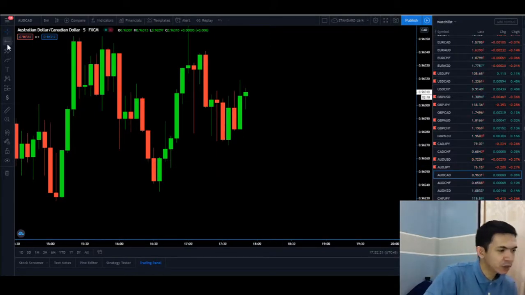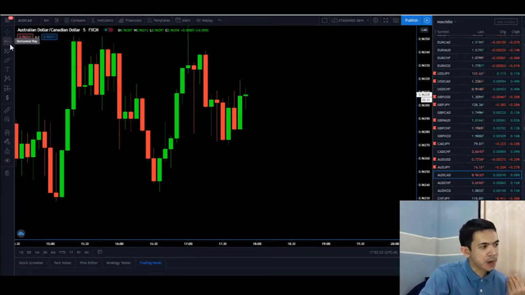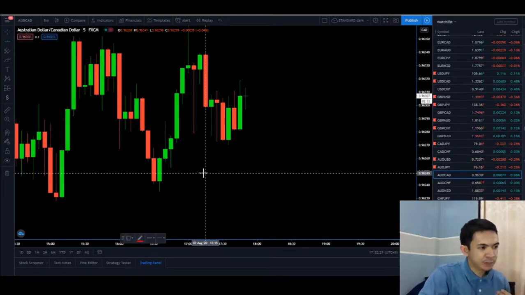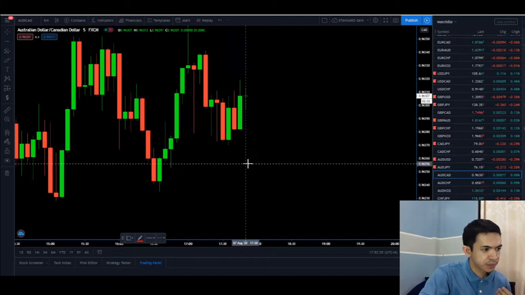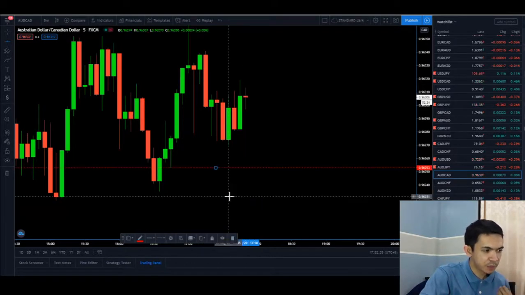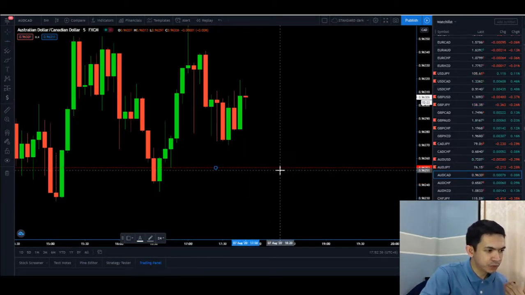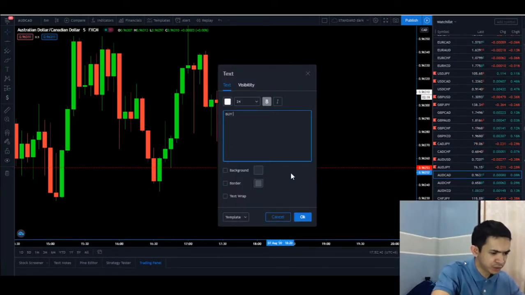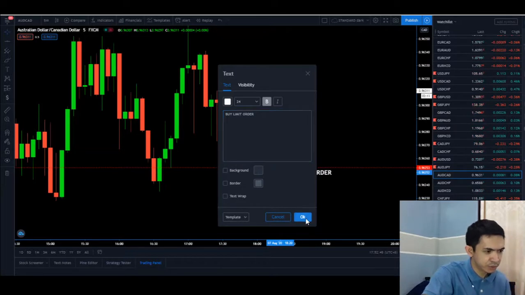So if I'm going to do a buy limit order, meaning I should be below the current price, right? In this case, for example, this is my buy limit order. Let's just have a label for this. This is my buy limit order, right?